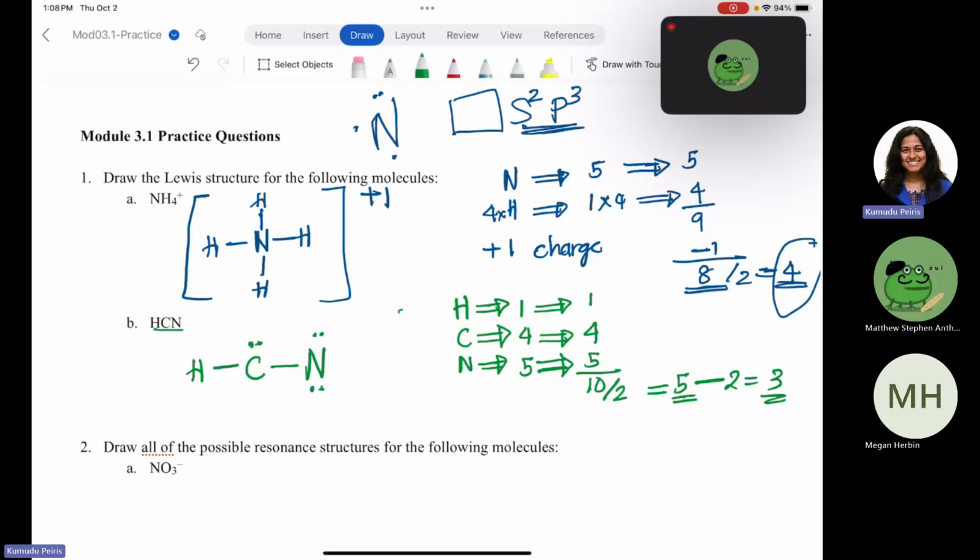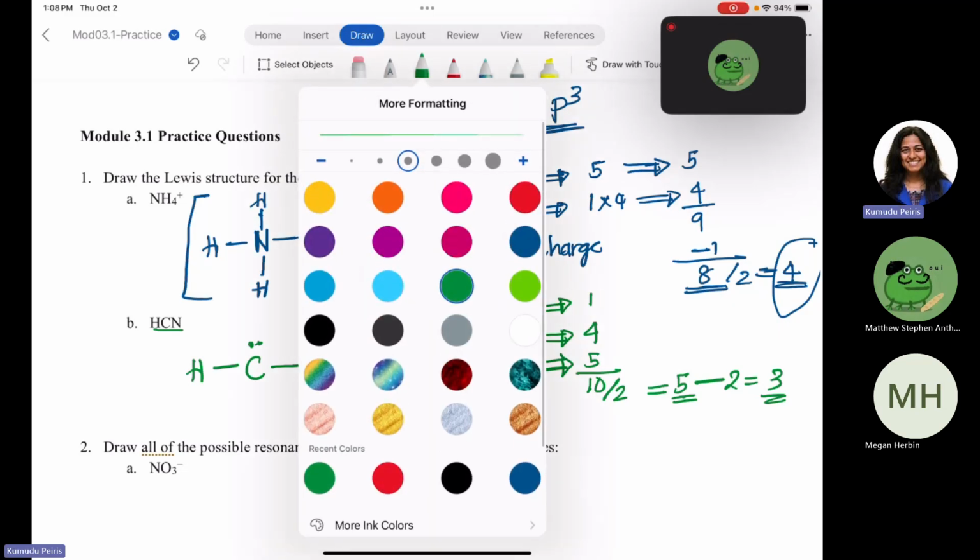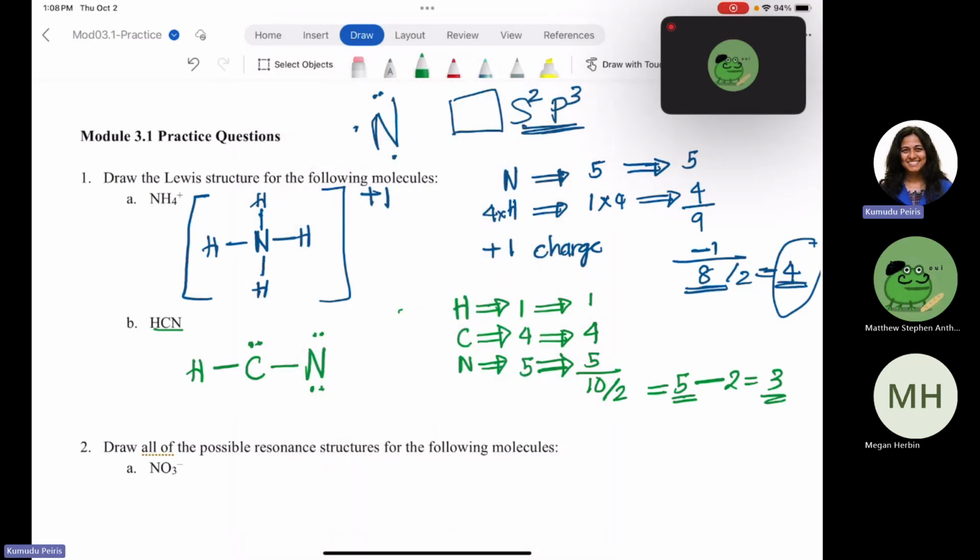Why can't I put another one on carbon? How many valence electrons can I have on carbon? Only 4, right? So that's why. But look at the valency of carbon. The valency of carbon is not 2, and the valency of nitrogen is also not 1.